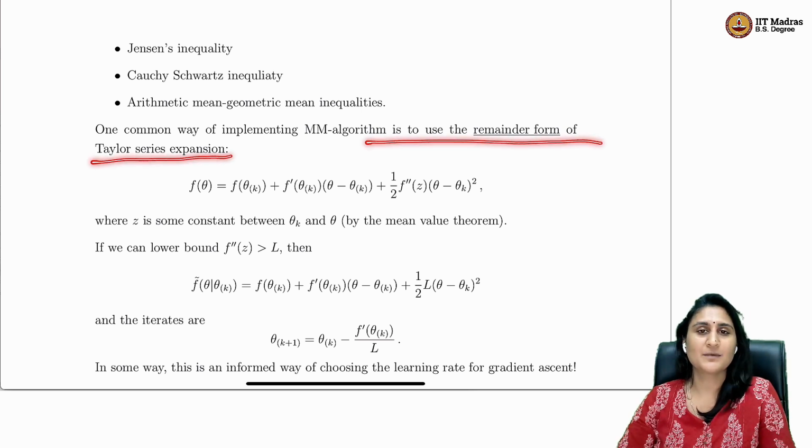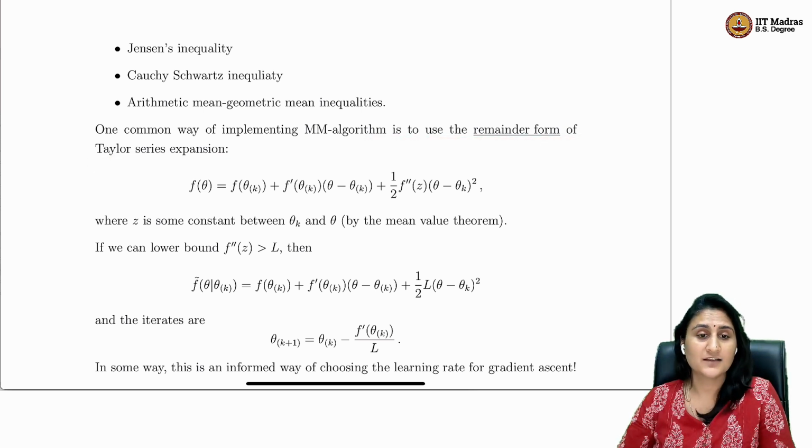But one technique which we'll use immediately in the next example is to potentially use the remainder form of the Taylor series expansion to construct a minorizing function. So if I look at f of theta, then I can do a Taylor series expansion that exactly extrapolates f of theta into f theta k plus f prime theta k times theta minus theta k.